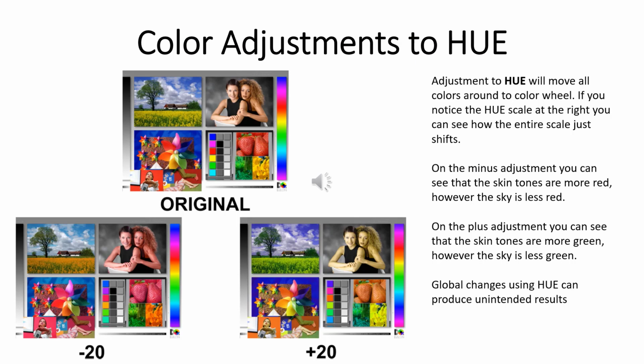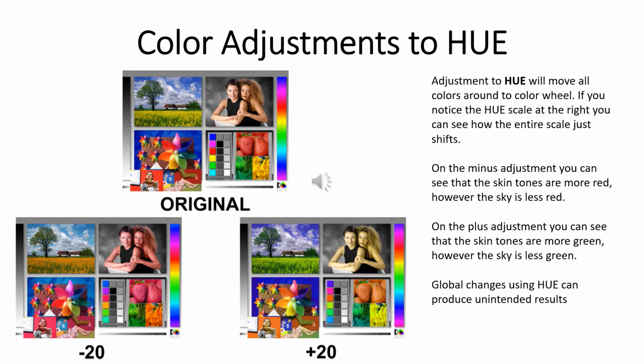Let's take a look at some overall color adjustments to an image based on the HSB values. In this image, we have an original image top center, and then lower left we have an image that's been adjusted -20, and then to the right, an image adjusted +20. The first thing that we can notice about this image, and this is due to a global hue change, is that in the -20 you can see that the skin tones have gone from a neutral to a very pink, and in the +20 slide you can see that the skin tones have actually gone to a very green shade.